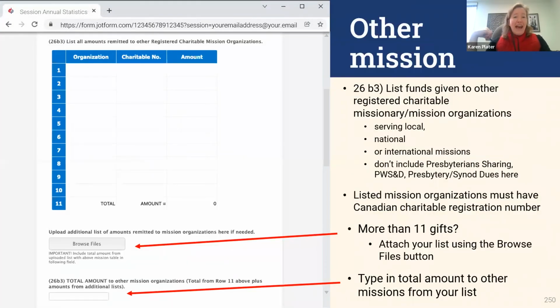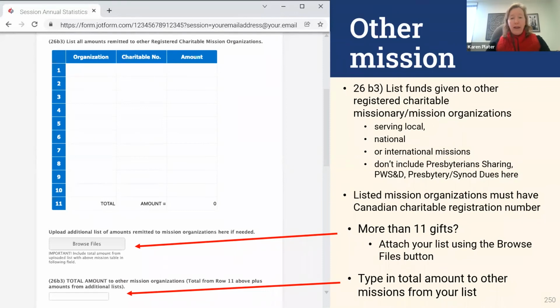Next one. Then you get line 26B3, which is for all of the funds given to other registered charitable, missionary, or mission organizations. They can be serving local, national, or international missions. In this list, you do not include Presbyterian sharing, PWS&D, or presbytery or synod dues. The listed mission organizations must have a Canadian charitable registration number, and there's a place to put that in the list.